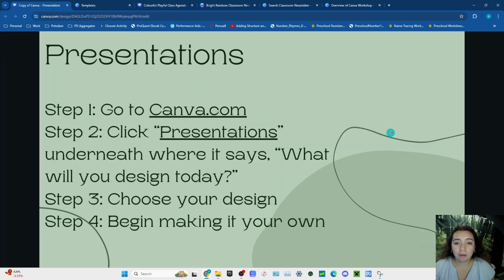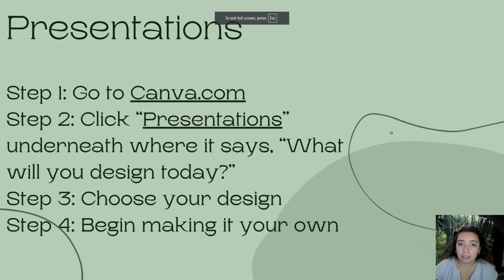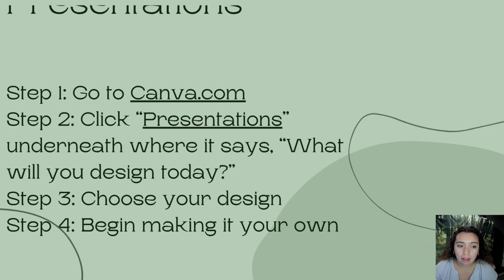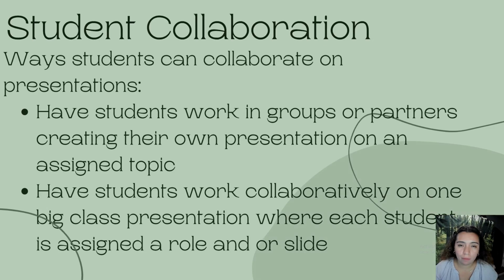Okay, so now that we know how to access these presentations and how to customize them, let's talk about student collaboration. So I'm sure you know ways students can collaborate on presentations. For example, you can have them work in groups or partners, creating their own presentation on a topic you assign maybe.